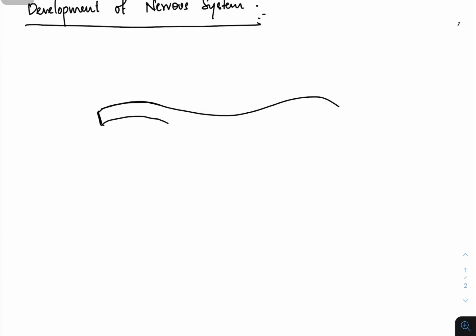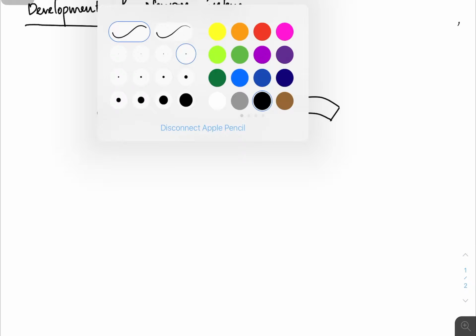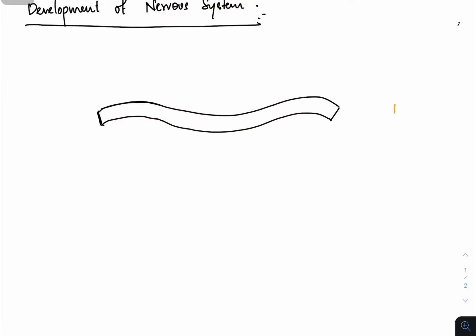This is the neural plate that is formed during the development of the nervous system. This entire thing you call a neural plate.